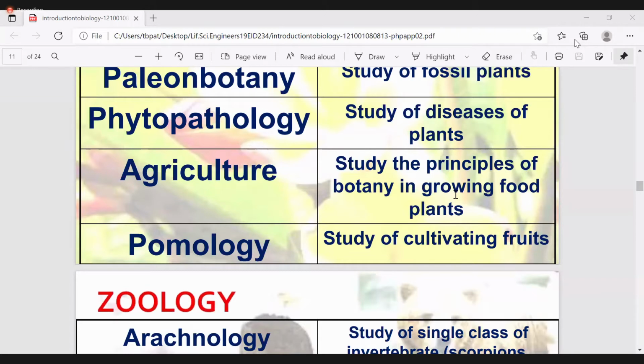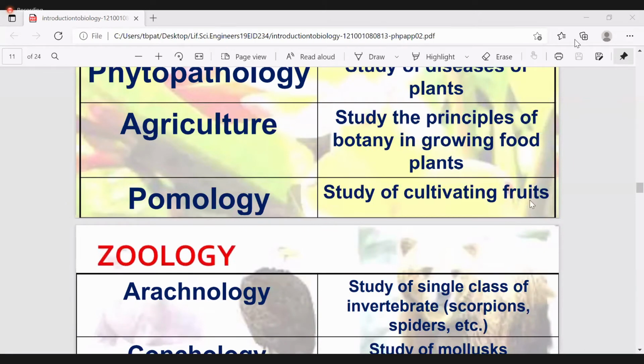There are many economical varieties of fruits and exported varieties of fruits. Economic growth takes place through fruit gardens in any country. This study of fruit gardens and fruit plants is pomology.